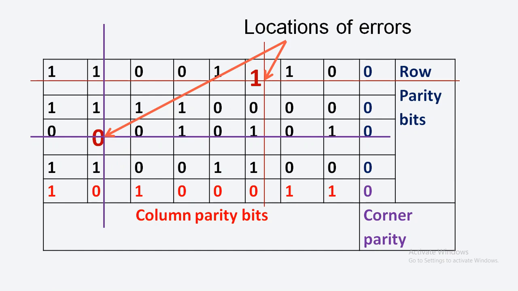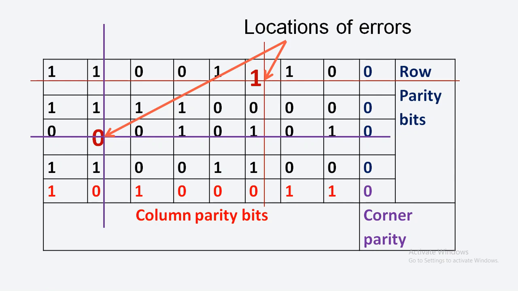Okay, therefore two-dimensional parity bit scheme can identify multiple number of errors. The number of bit errors that it can identify is equal to either number of rows or number of columns, whichever is minimum, because the location should be unique. It should be identifiable by a single line along the row and a single line along the column.